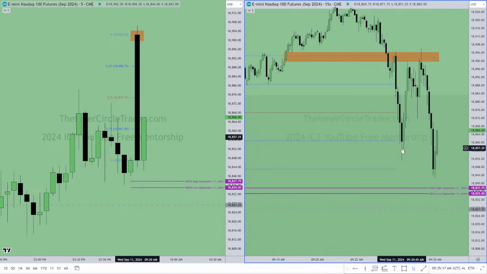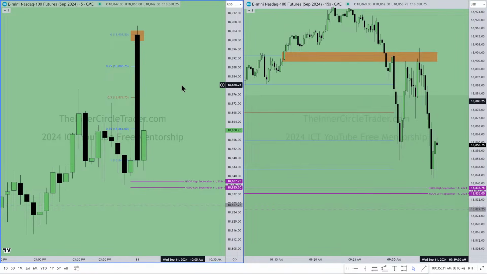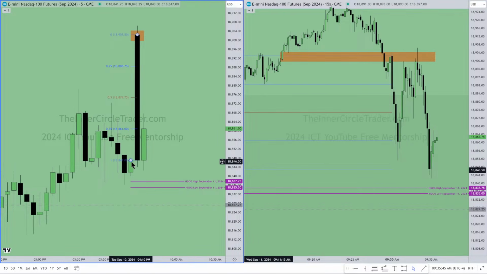Watching the midpoint of this wick here. Okay, full gap closure, and then just the bodies right here at that level here.